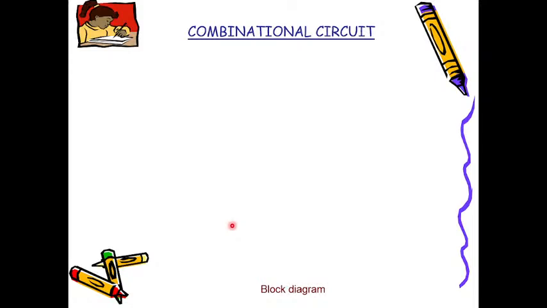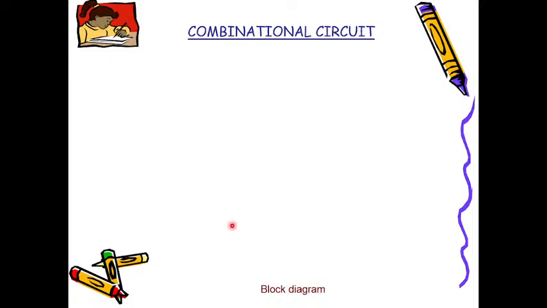Its types are basically combinational and sequential. Why is it called a combinational circuit, and what makes the difference between combinational and sequential? Here a logic circuit combines all your basic gates, special derived gates, or universal gates. All those circuits perform their operation for the instantaneous inputs and produce the output instantaneously. That is why they call it a combinational circuit.